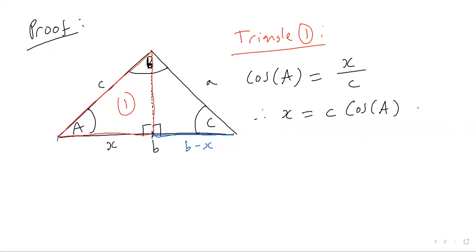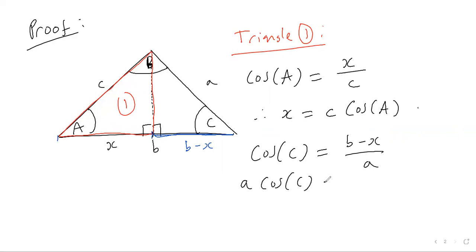So we can again use cosine, but with this angle C here. So cosine of C is going to be equal to the adjacent, which is again b minus x, divided by the hypotenuse, which is a. So again, we get that a times cosine of C is equal to b minus x.